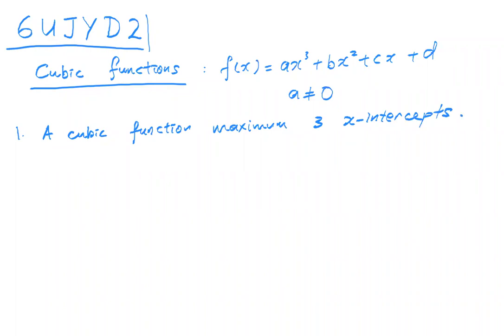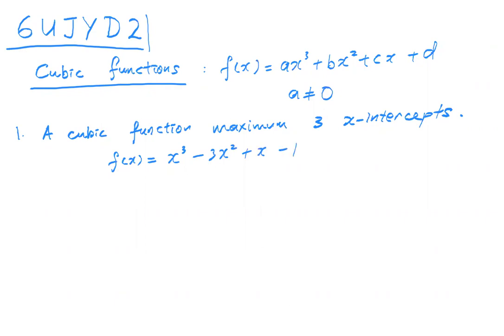So let me give you an example of a cubic function with 3 x-intercepts. So f(x) equal to x cubed minus 3x squared plus x minus 1.